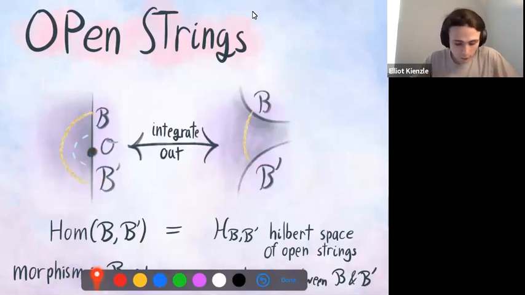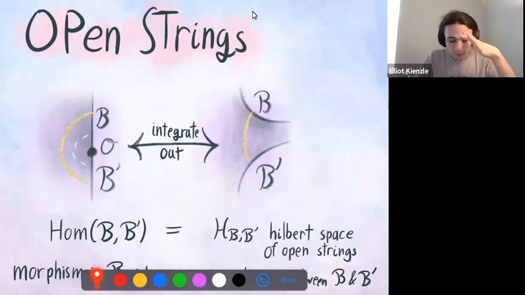But again, let's take a different point of view. Let's cut out a little section around this operator and integrate out all the degrees of freedom around this section. When we do that, we're basically cutting this out and pulling it to infinity over here, and then this operator becomes a state in the asymptotics here.